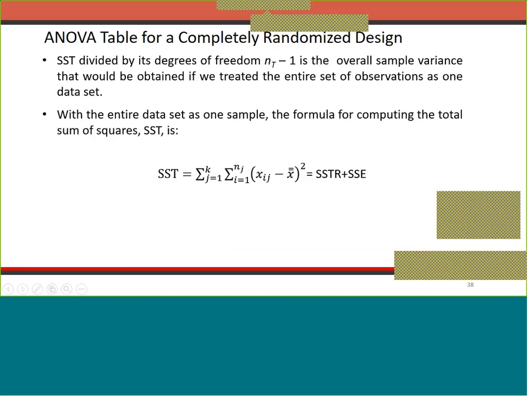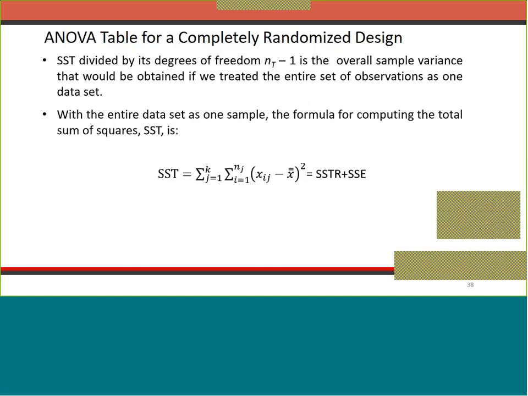SST, the total sum of squares divided by its degrees of freedom nt minus 1, is the overall sample variance that would be obtained if we treated the entire set of observations as one data set. Total sum of squares means that for each observation, subtract the overall sample mean, square it and add it.